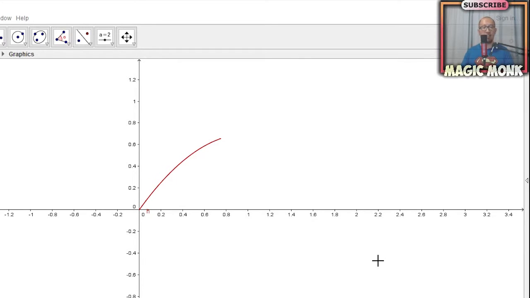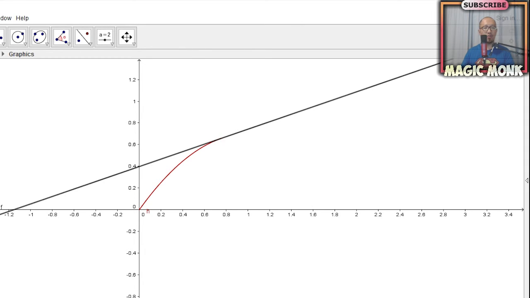It means when x is equal to 0.75, so when this red line ends, whatever the gradient is at this point, the line is going to keep going in a straight line from this point. So the tangent line that is just touching this point, which is modeled by this equation here.